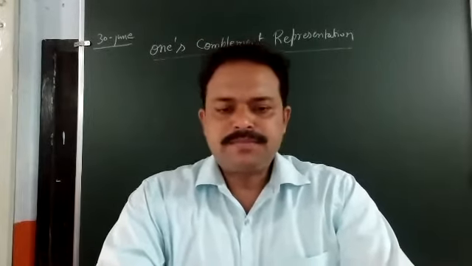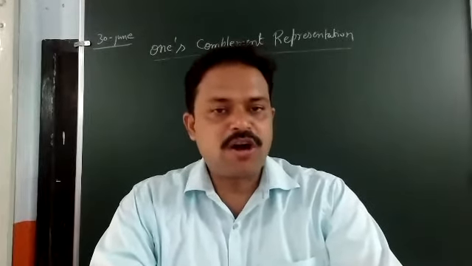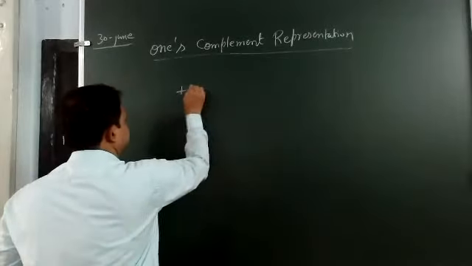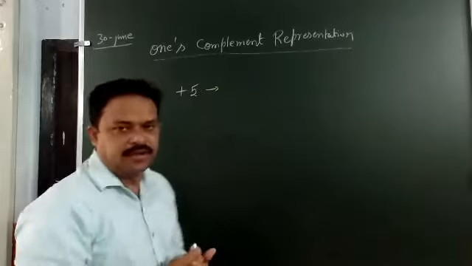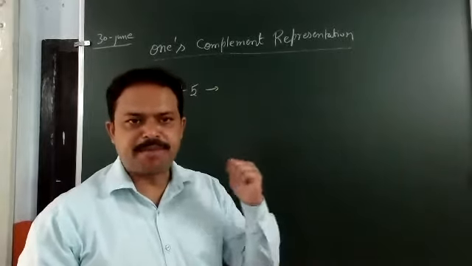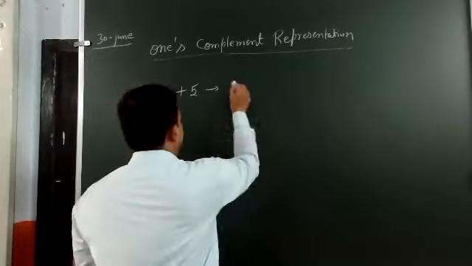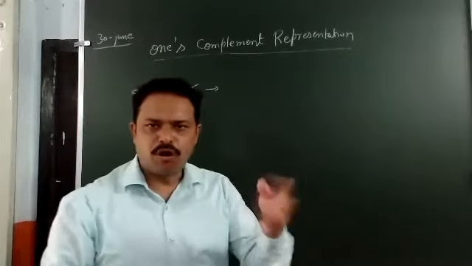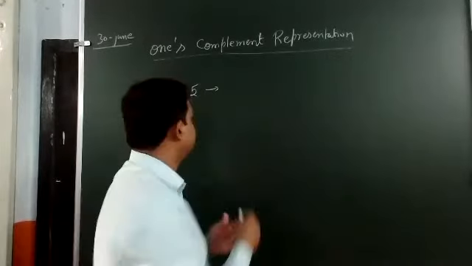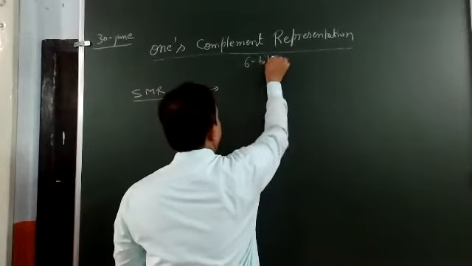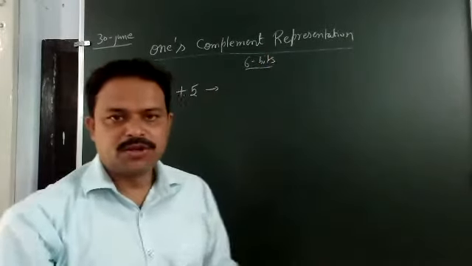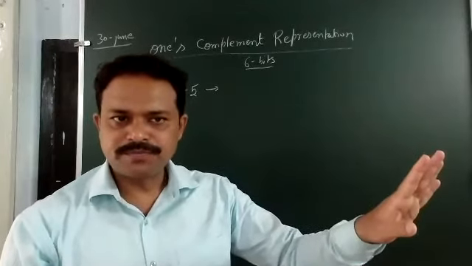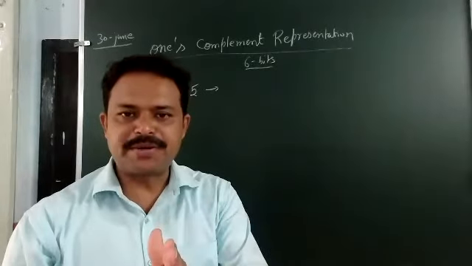If I talk about a positive value, suppose +5, and somebody asks you to represent +5 in sign magnitude representation using 4 bits or 6 bits, we have understood that 1 bit is reserved for the positive or negative sign, and the remaining bits represent the magnitude.